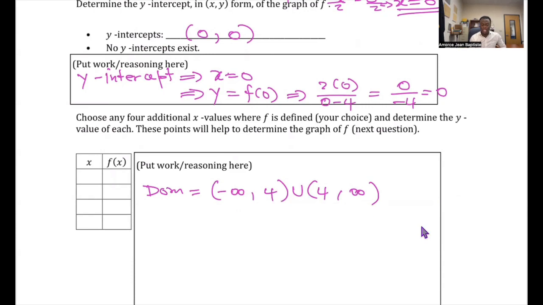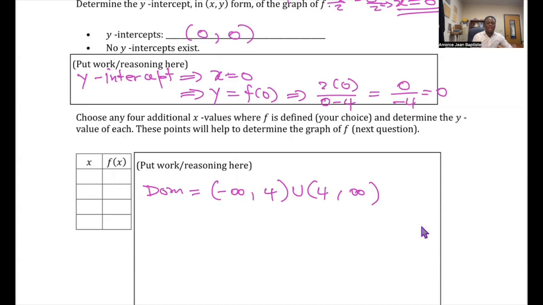So from negative infinity to -4 to 4, I can take, I guess, 5. X equals 5. I don't want values that will give me fractions, because fractions are hard to find on the number line.